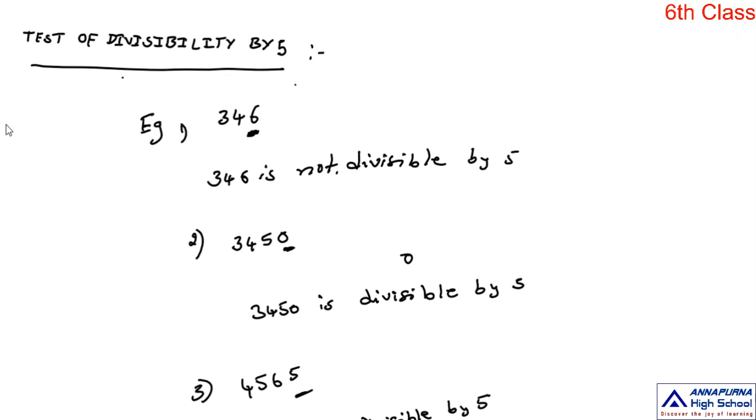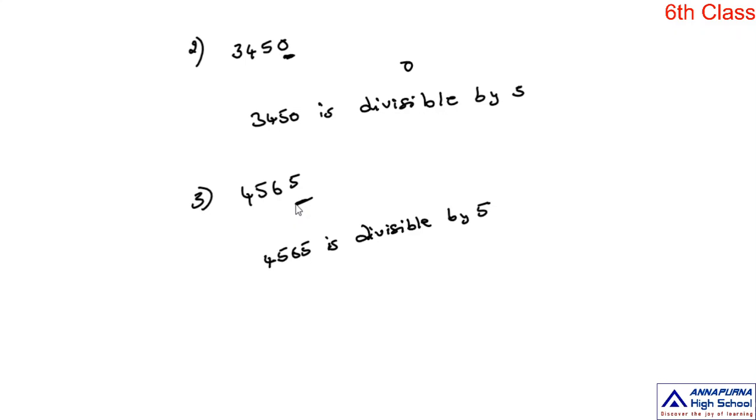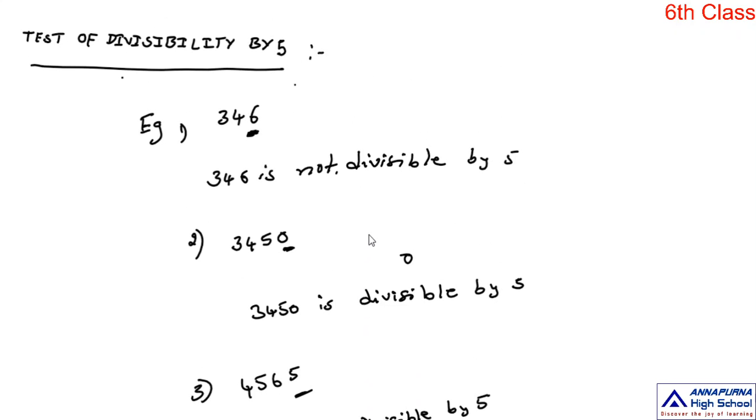What is the divisibility rule for 5? The given number has either 0 or 5 in the units place, then the number is divisible by 5. Here in 3450 the units place is 0, that's why the number is divisible by 5. The third one also has 5 in the units place, so the given number is also divisible by 5.